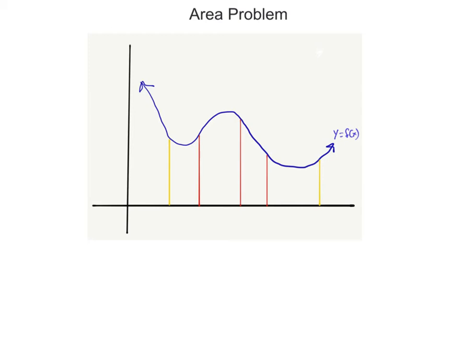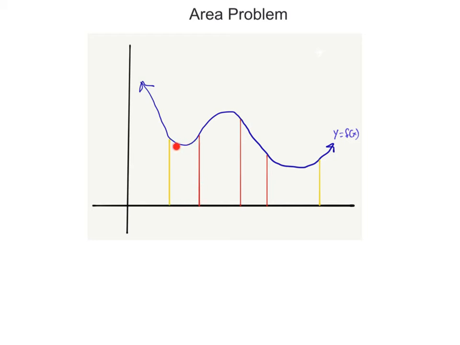Often you can use what's called a regular partition, where you break it up into equal pieces. Obviously, I did not do that with this one, so this would be an irregular or general partition. We have to identify a rectangle that we can use to approximate the area within each subinterval.